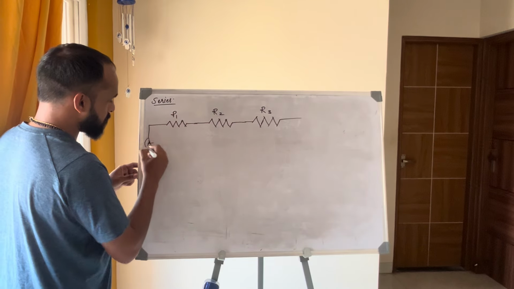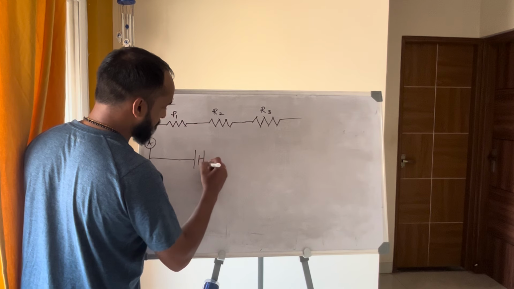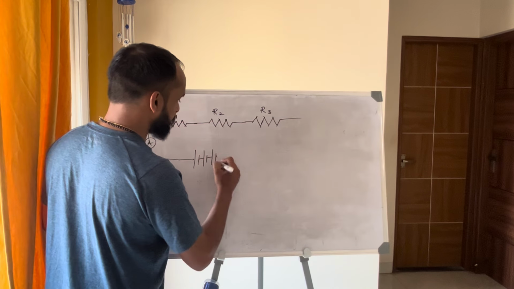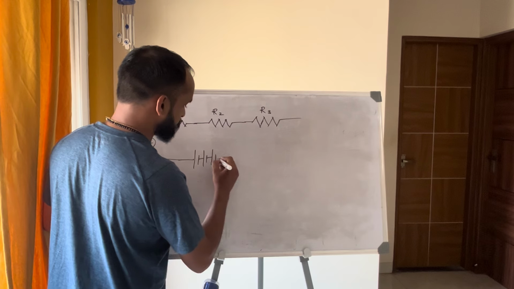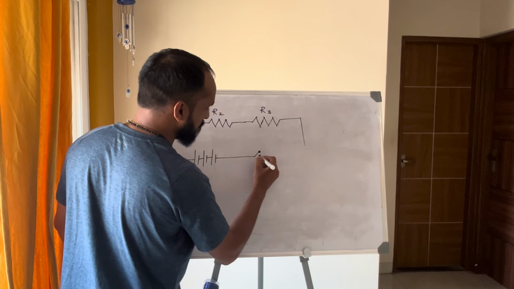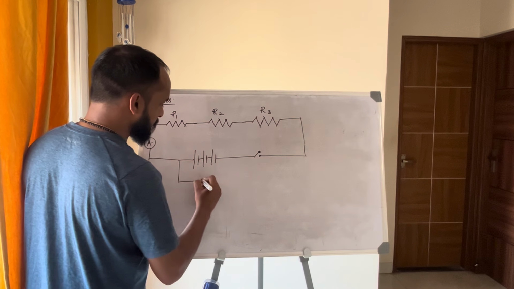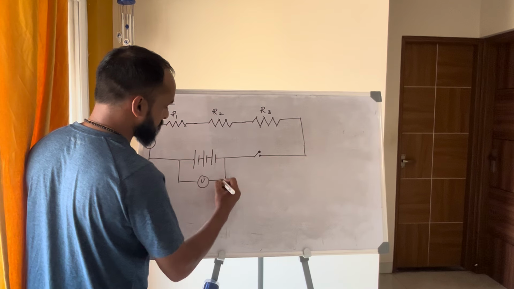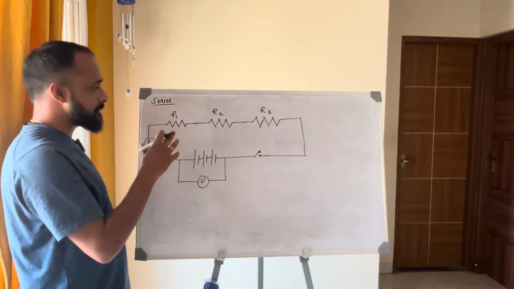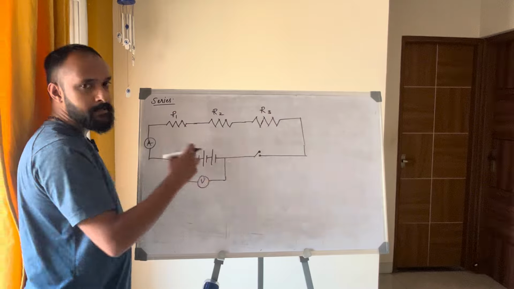I will connect an ammeter to know the value of current, and for potential difference I connect a battery that is also connected in series, 3 batteries, and then maybe we could connect a switch if required. That's it. And then I'll connect a voltmeter here to measure the potential difference. That's it. Now in this circuit there are three resistors, resistor 1, resistor 2, resistor 3, connected one after the other in the form of a loop.